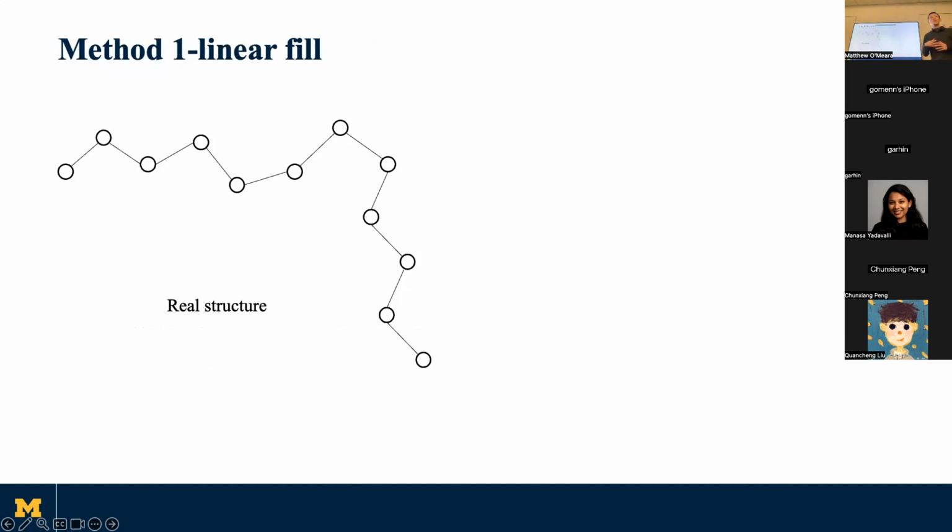The first method is linear fill. Suppose this structure is the real structure, and we need to generate something like this. This is the input, what we know from experiments. Here you can see a long gap in it, and we need to put 4 residues into it. The circles mean residues, and the sticks mean there are bonds between them.